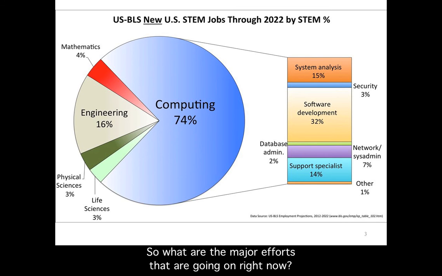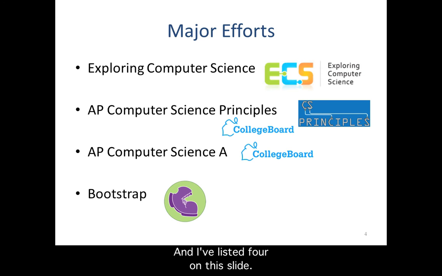So what are the major efforts that are going on right now? I've listed 4 on this slide, slide 4. One is Exploring Computer Science, which is out of UCLA. It's around the nation. They're doing professional training all the time to try and retrain teachers in other fields to teach introductory computer science.